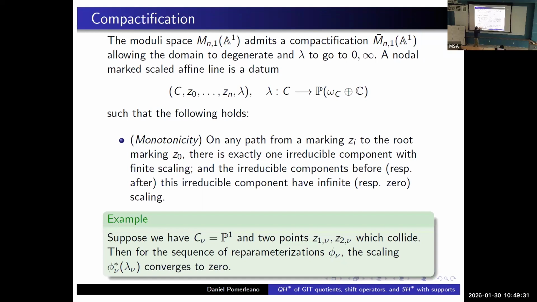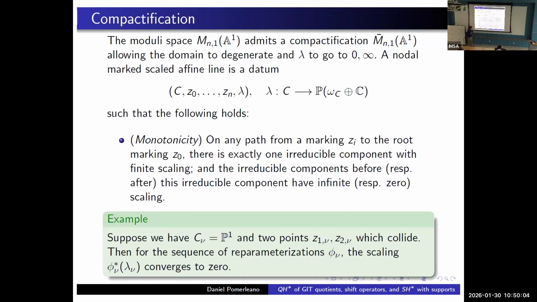We take a section of the dualizing sheaf that's also allowed to be 0 or infinity. But there's a condition on this scaling: for any marked point, there will be one component which carries a finite scaling, and all the other components before this one will have infinite scaling, and all the components afterwards will have 0 scaling.